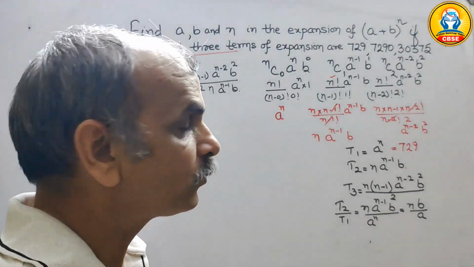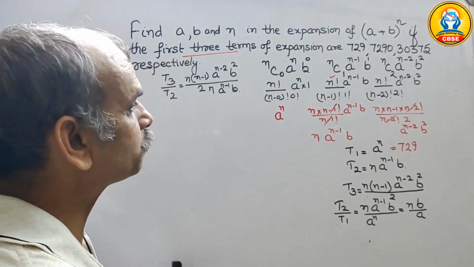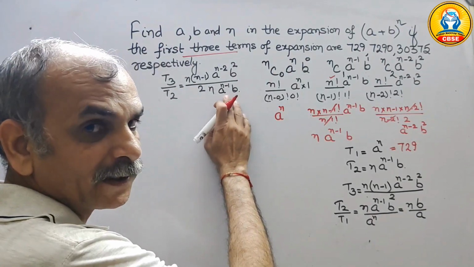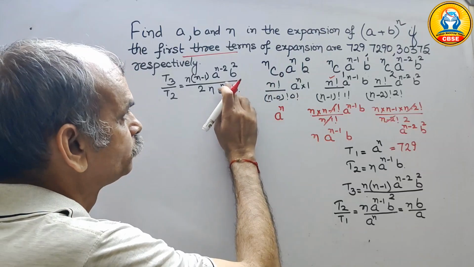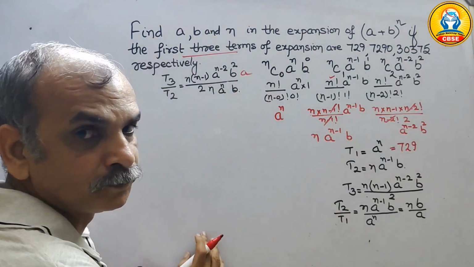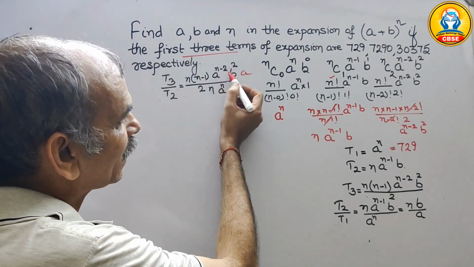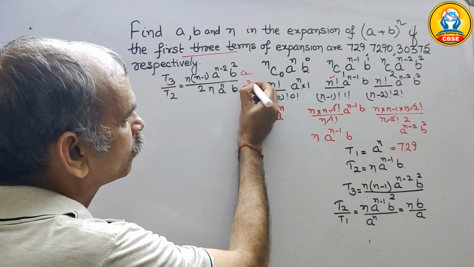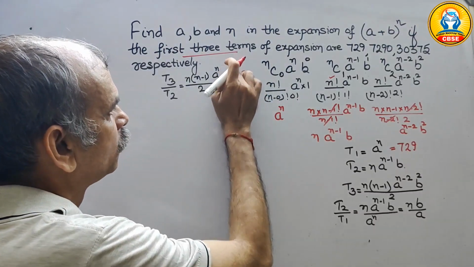Now we have to simplify this. This minus 1 is there in the denominator, that means a will come out. So we will reduce this and put a here. Here minus 2 is there, that means a square will come down. So this will go out.